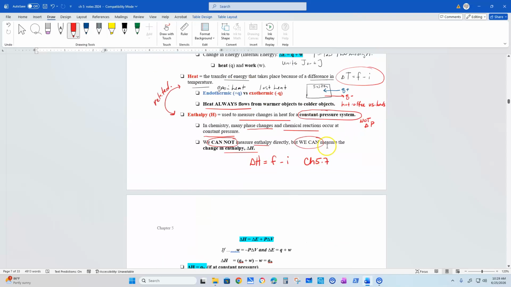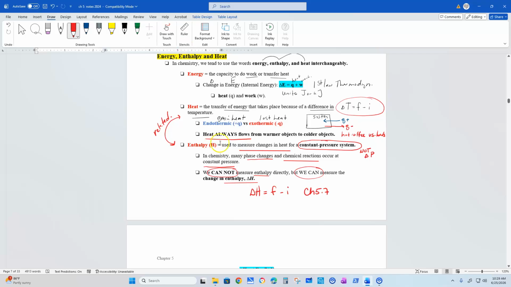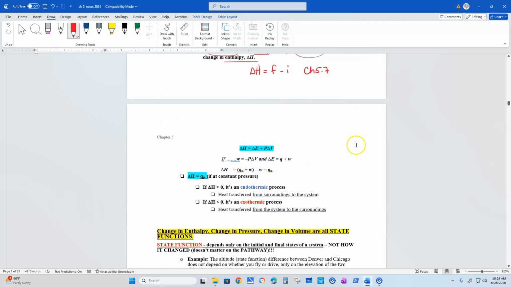How do all three of these correlate in an equation? Well, it's right here. You have delta H, the change in enthalpy, the change in energy, and P, and notice that P does not have a triangle next to it. That means P is constant, so it's not changing.